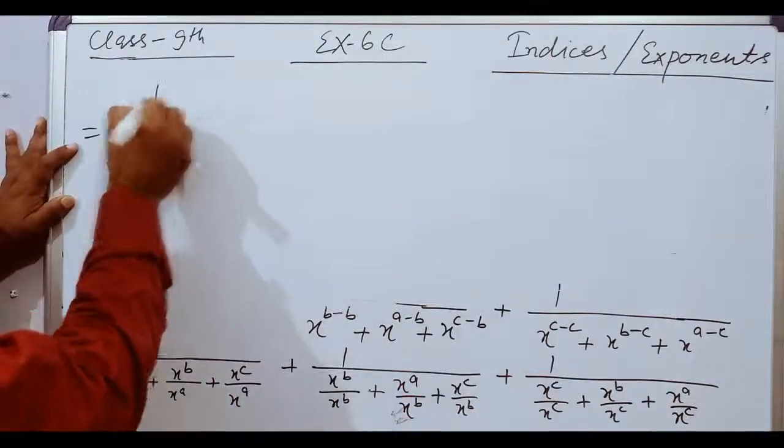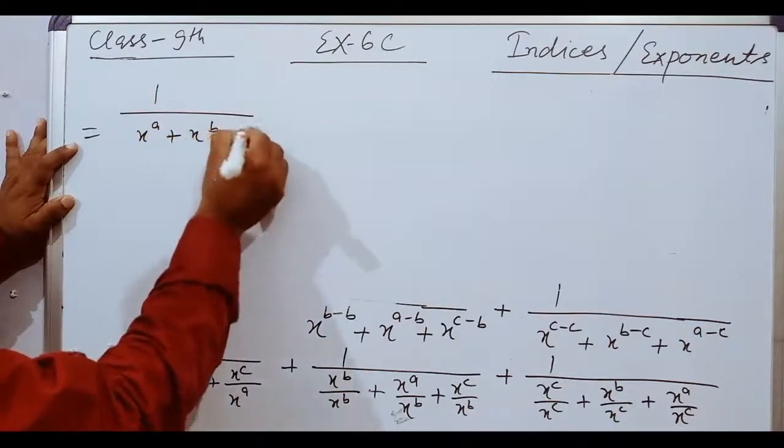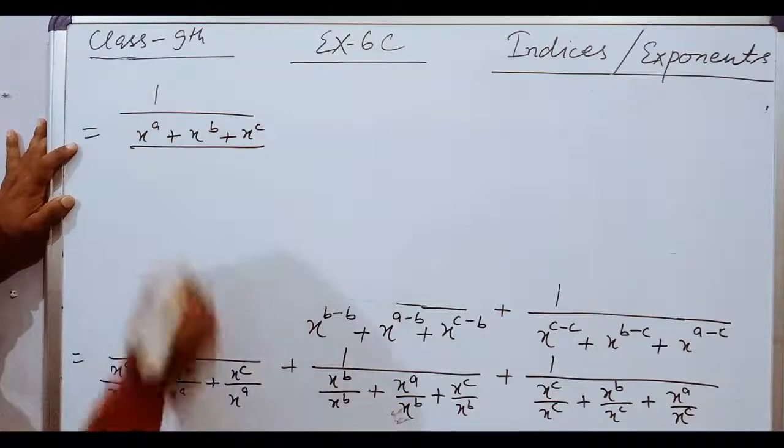Now we can write 1 upon (x^a + x^b + x^c) upon x^a.